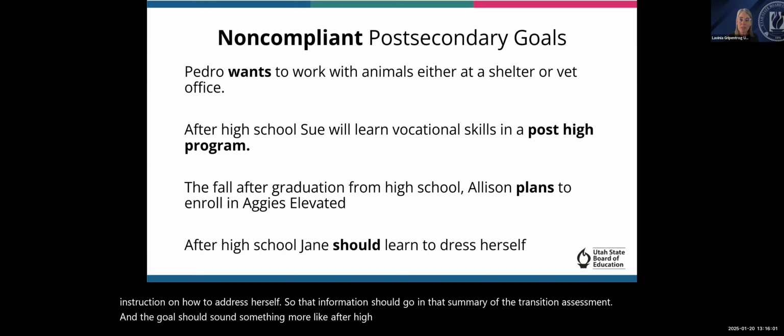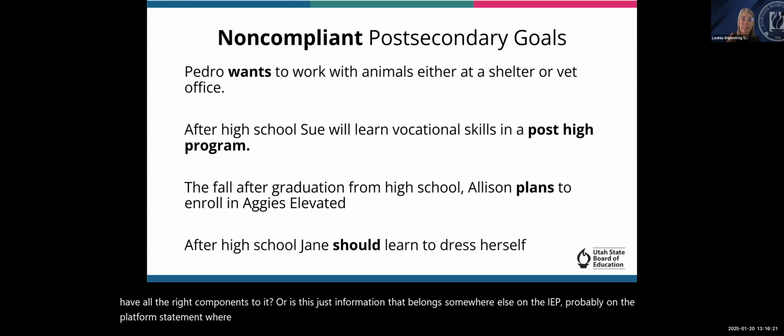So again, ask yourself when you're writing these, use the formula. Is this actually a goal? Does it have all the right components to it? Or is this just information that belongs somewhere else on the IEP, probably in the PLAAFP statement where those strengths, interests, preferences, and needs go? So there you go. Those are non-compliant examples.